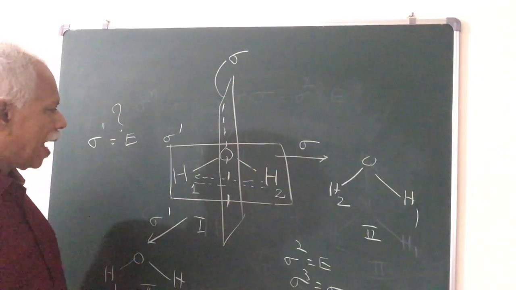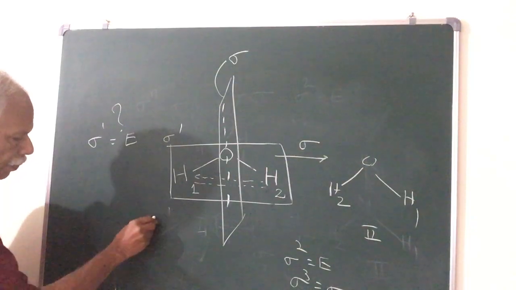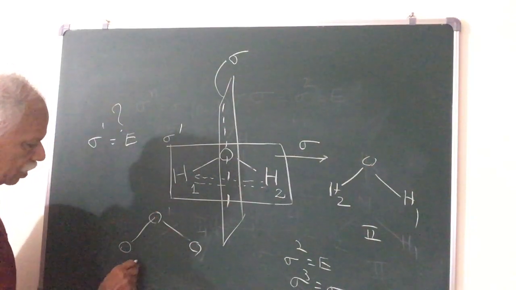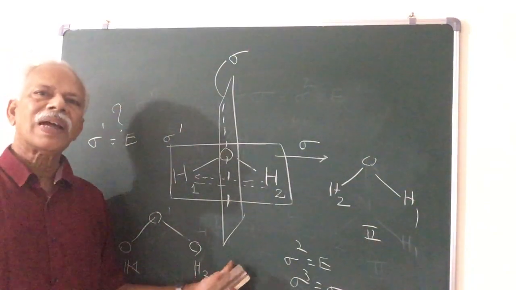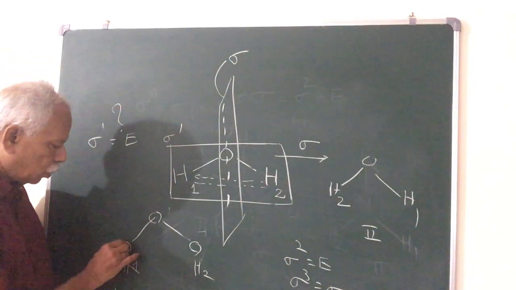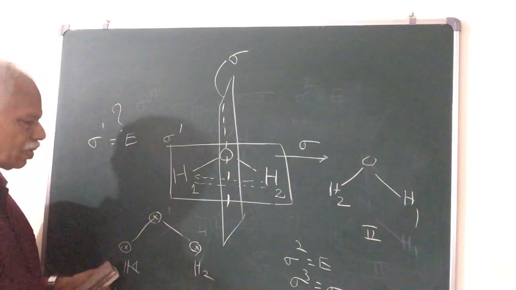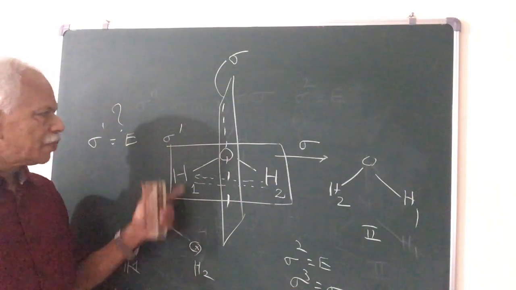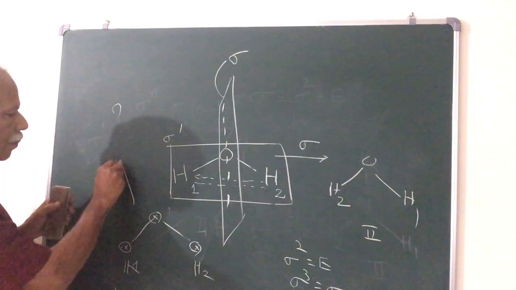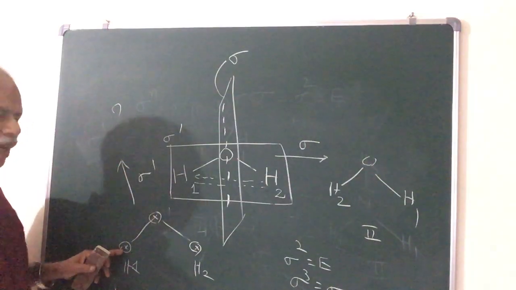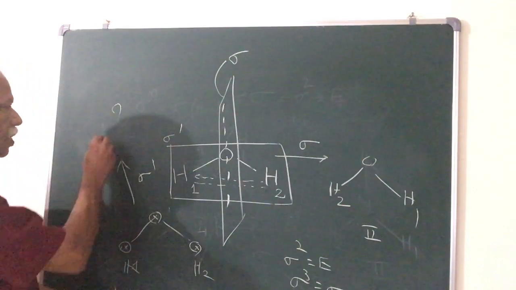Suppose I draw the atoms as tiny spheres in this manner. This is hydrogen 1, this is hydrogen 2. If the front side is denoted by a tiny cross mark for all the atoms, oxygen as well as hydrogens, when the sigma dash is done, what happens? This front side will go to the back and the rear side, which was not marked, will come to the front.